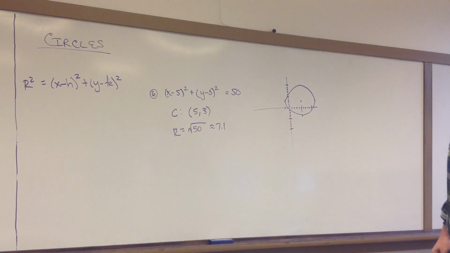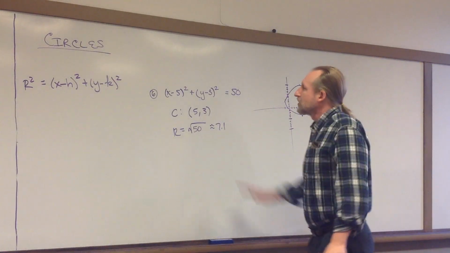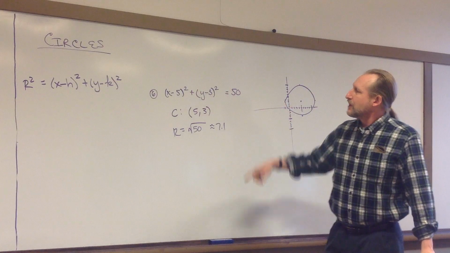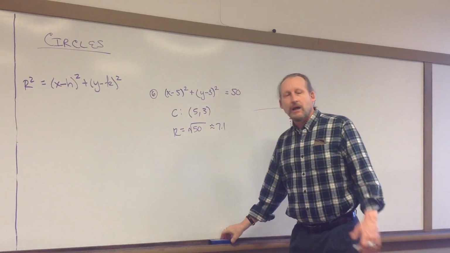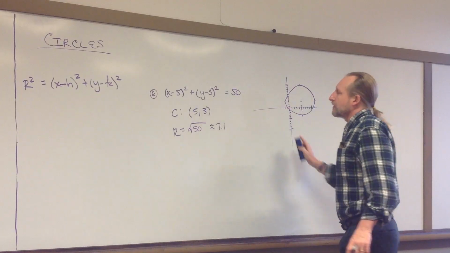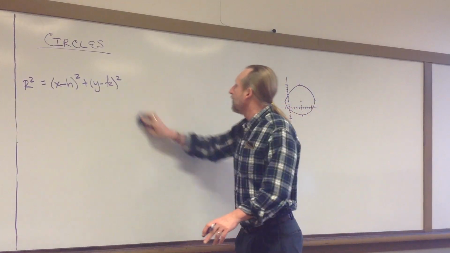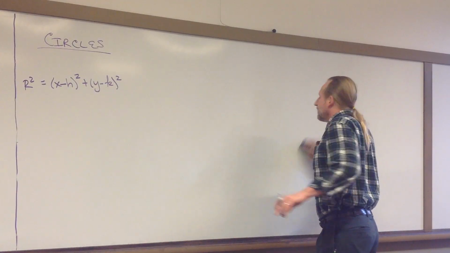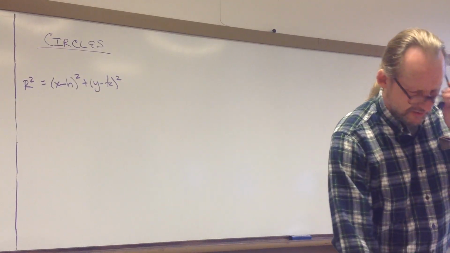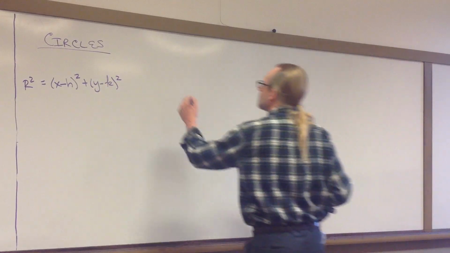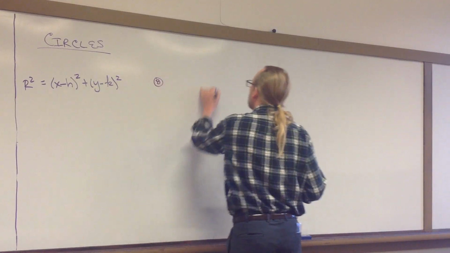Okay. All right, so those are the first couple problems going from the equation to the information and the graph. Now, for the next couple of problems, we're going to start with a graph, and we're going to go back and try to identify the center and the radius, and then write an equation for it. So let's do that. Problem 8.